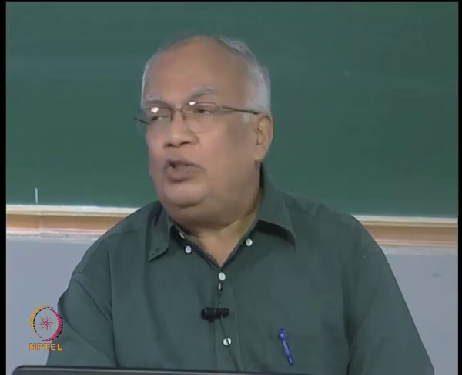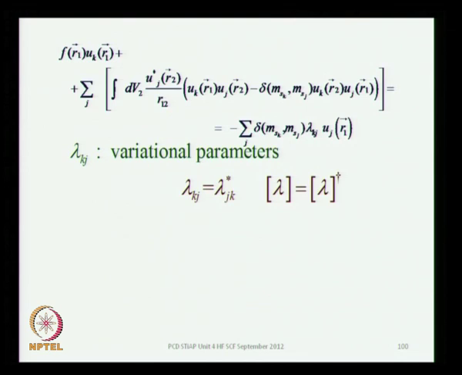That will simplify things further, because in the matrix lambda you have n square terms, and out of these n square terms you really need only n terms, because if you carry out a diagonalization of lambda, you will have non-zero elements only along the diagonal, one in each row or each column.